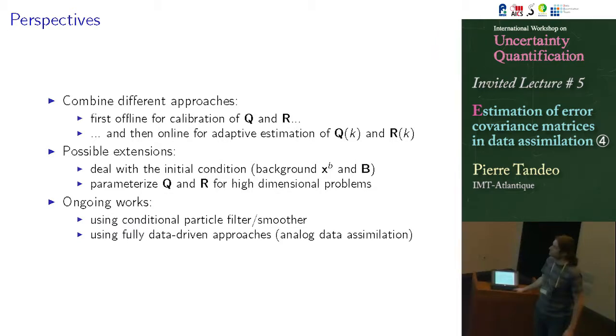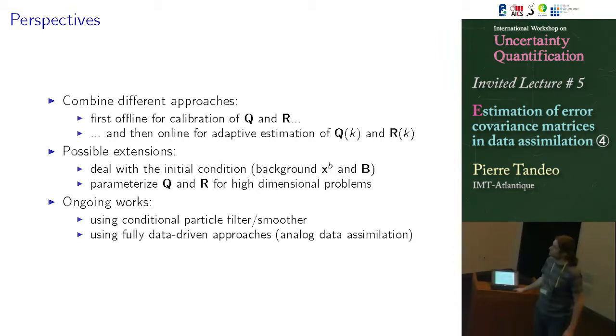Okay, so these are ongoing works on this main topic. Currently, we submitted an article just last week on using the EM algorithm with the conditional particle filter and smoother. It seems to be very efficient, not in high-dimensional problems, but it's still reasonable for a problem where the state of the system is less than, or close to, 100.